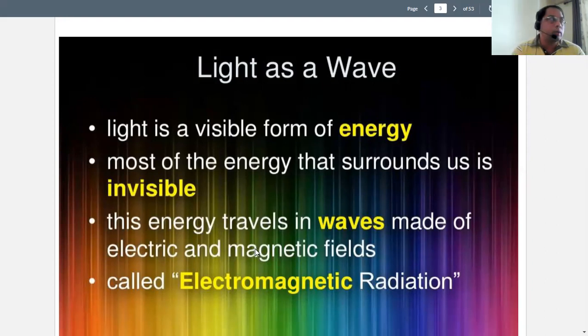We were told that electric and magnetic fields move perpendicular to one another. Amo na ang nature sang aton nga electromagnetic wave. The electric and the magnetic field is in there.